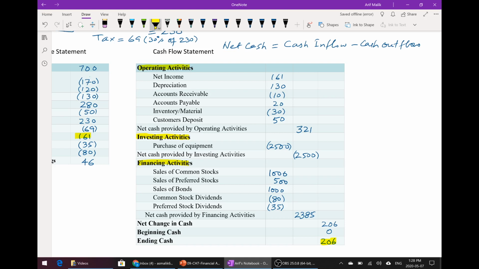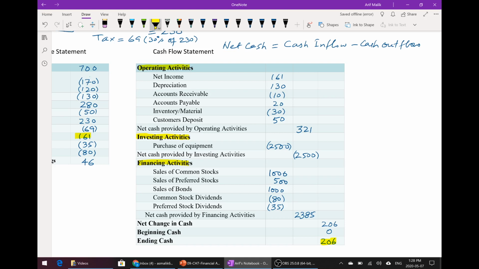Some companies prefer to put common stock dividends and preferred stock dividends under operating activities, but most companies show them under the financing activities. Whichever way we want to show it, we have to be consistent.